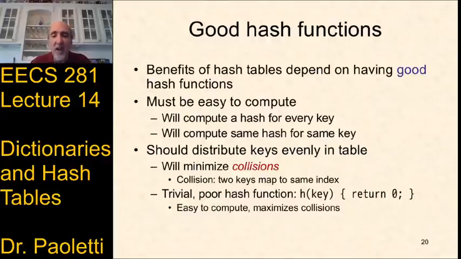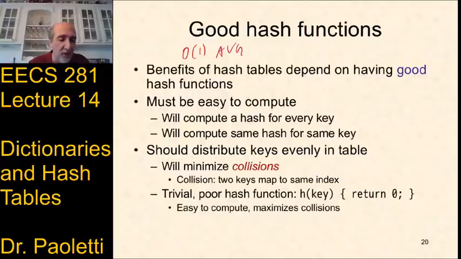So let's look at what a hash function needs to do. In order to get the benefit of a hash table, what's the benefit of a hash table? That O of 1 average case lookup. So that's our benefit that we want. To get that benefit, we need a good hash function. Now, we've got a few requirements, what a hash function must do, and then what it should do to be considered good.